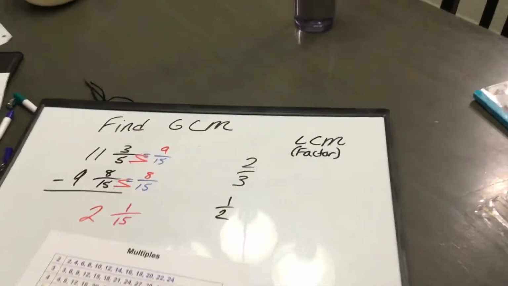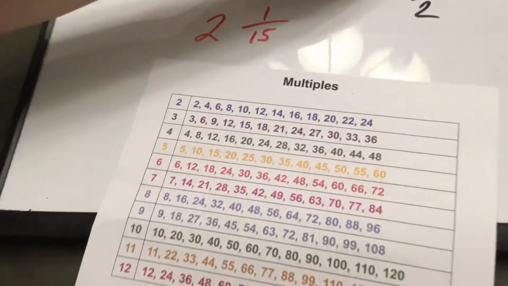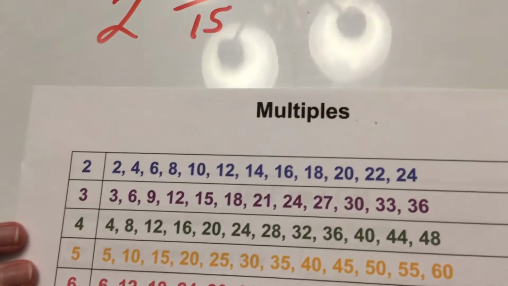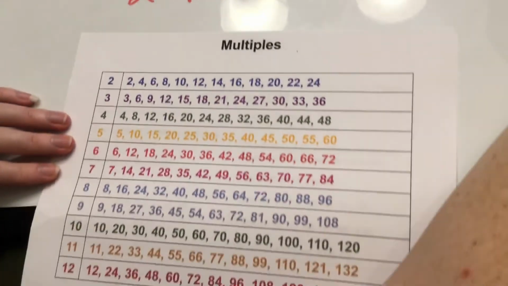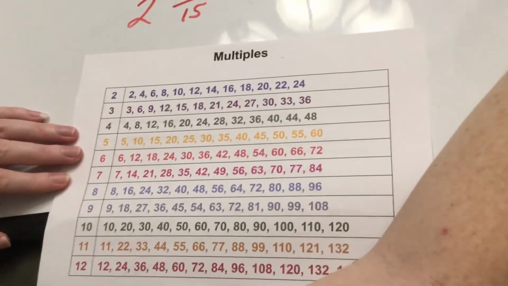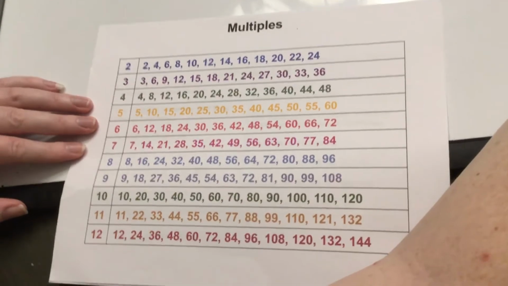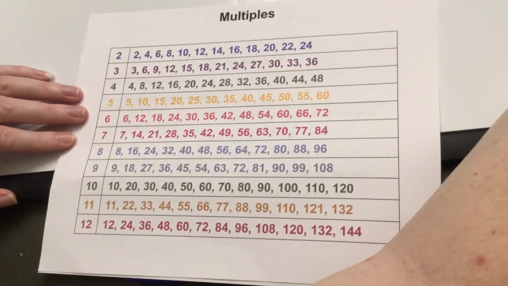So now we need to look at our 3 and our 2's. Our factors of 3. What numbers has 3 in it? Our 3's have 1, 3, and that's it. That's all we can do for factoring for 3.